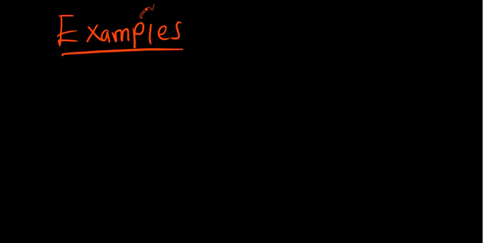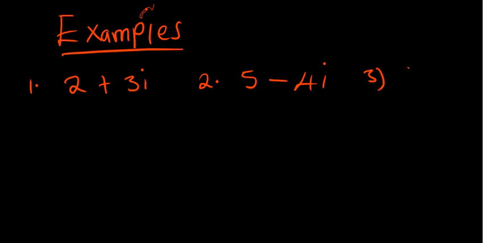So we have example 1, 2 plus 3i, and example 2 we have 5 minus 4i, and the third example we've got 9 minus 10i. So these are the examples of complex numbers.